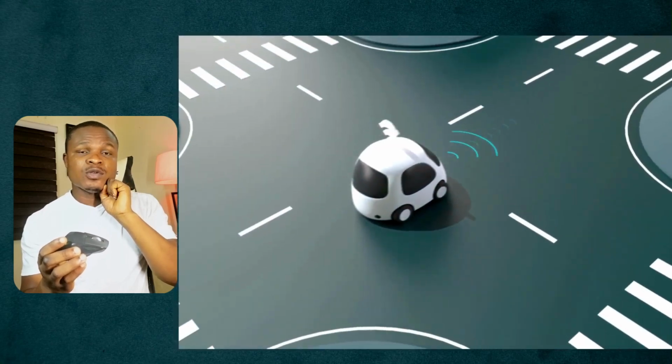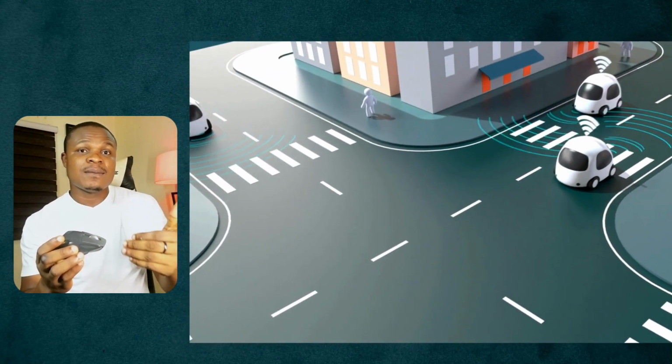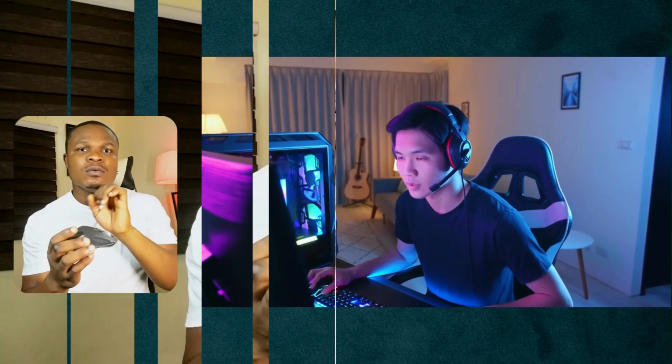But if I go to gamers, 3D animators, people who are advanced in using laptops for deep purposes like gaming, they would understand this and they will see reasons why they need this. Do you understand my point? That's one of the major reasons why you need a customer avatar, to help you know the states of the people you want to market to, and how you can successfully market to these same persons.